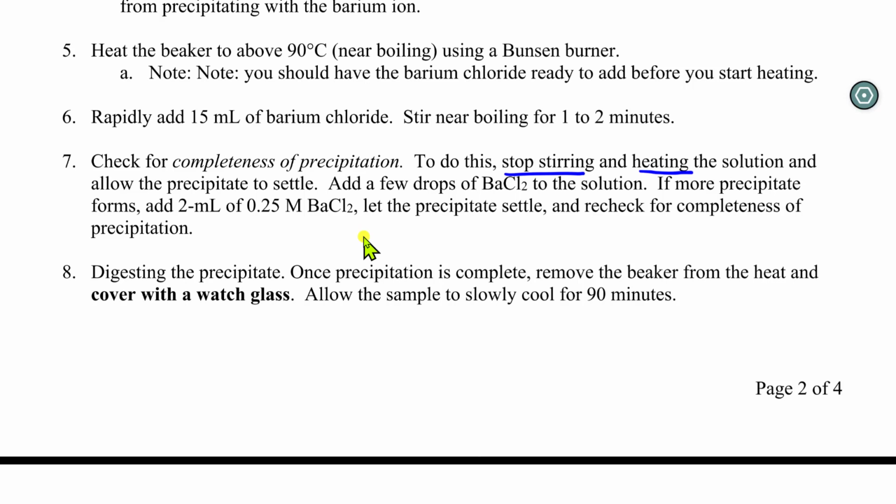If a lot of precipitate forms, then we know not all the sulfate reacted, and the sulfate is the limiting reactant. So make sure you don't see any precipitate after this, or if you do, go back and heat it for a couple of minutes and then recheck for completeness. Really, you're going to repeat step 6 until the second step comes out clear.